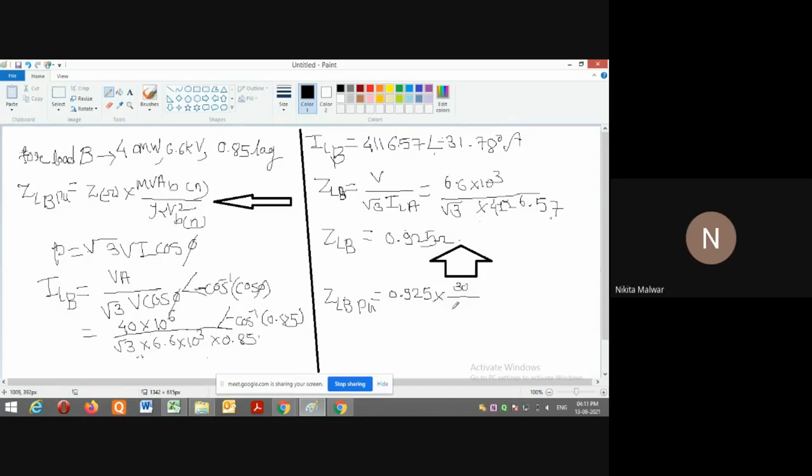So your section number 3, the KV base 3 is 6.2. That's why we have considered here 6.2 square. What is the value? 0.7219 per unit. Okay, 0.7219 in per unit.